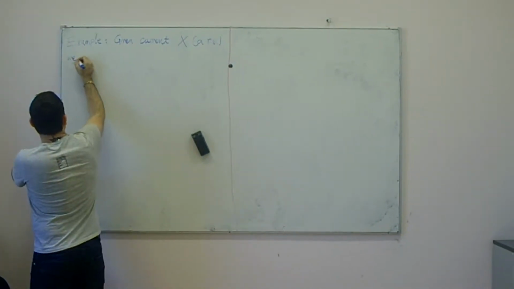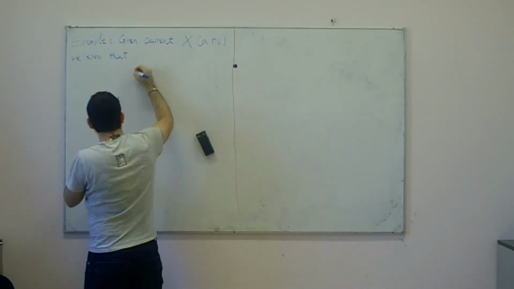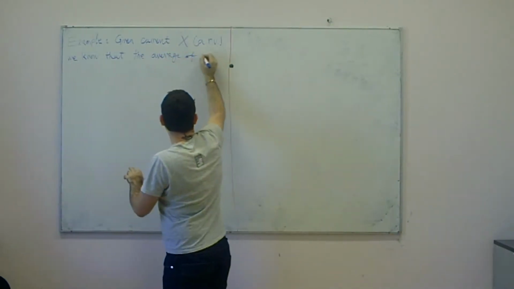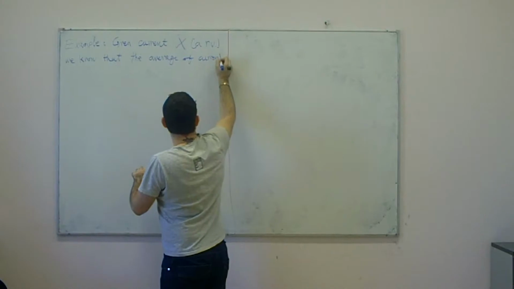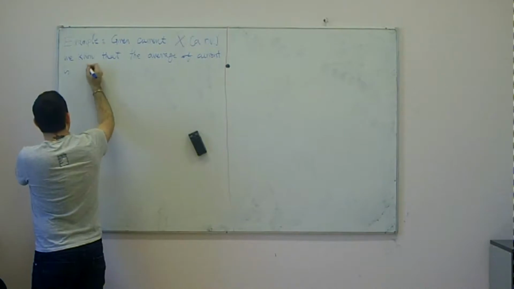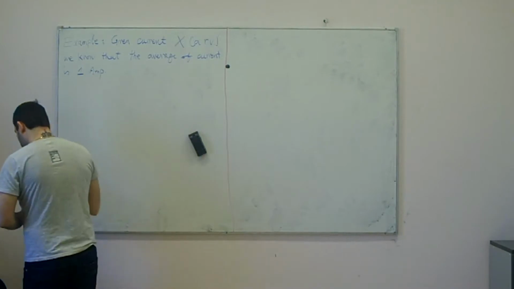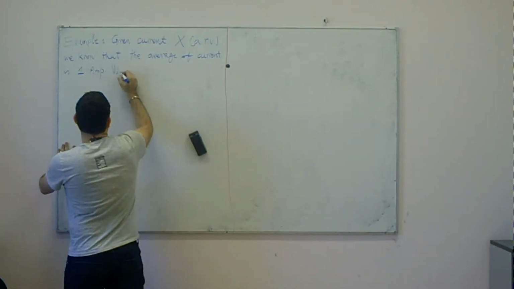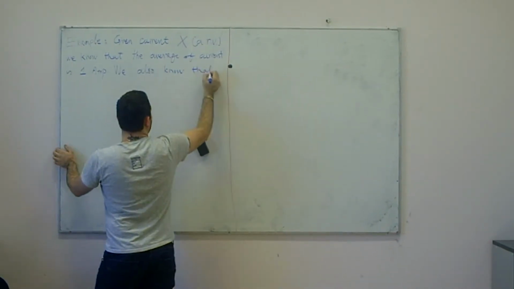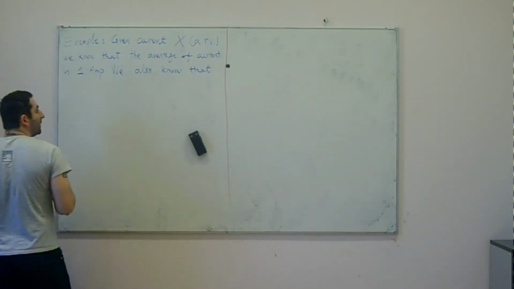We know that the average of current is 1 ampere. We also know that, I will draw the schematic for this question a bit later, but let's write down the information.